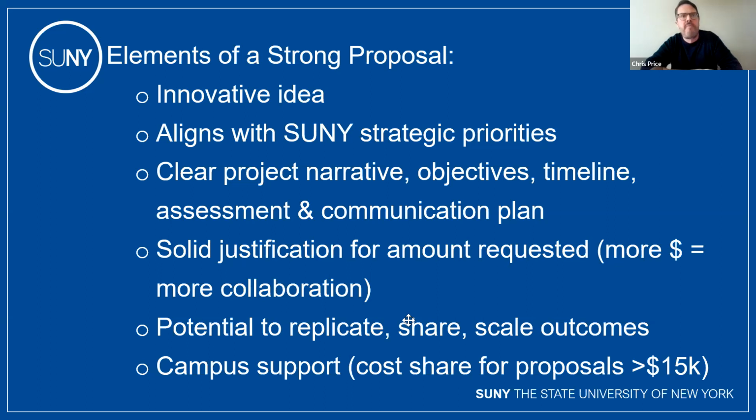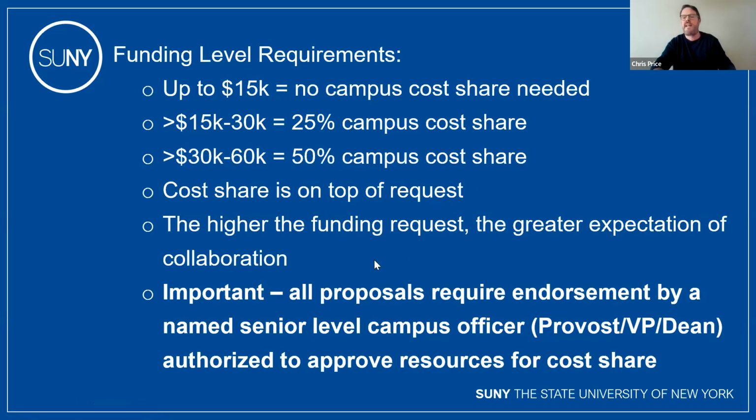For those of you familiar with the program, in the past we had different tiers. There used to be tier 1, tier 2, tier 3. Tier 1 had no cost share, tier 2 had some cost share, and tier 3 had the most cost share. We've kind of done away with the tiers, but we've maintained the cost share requirements for proposals that ask for more money. So next slide, and you'll see what that looks like.